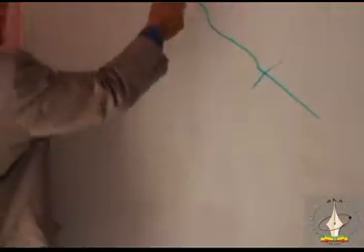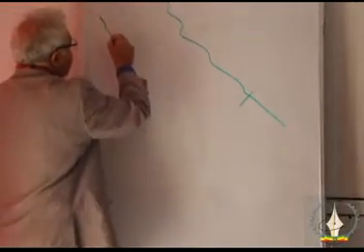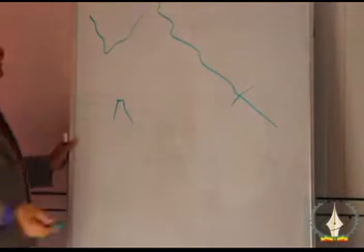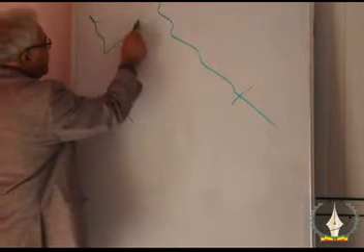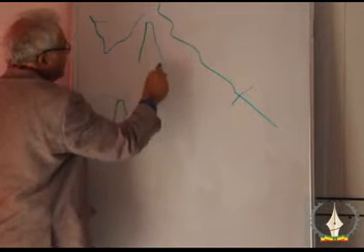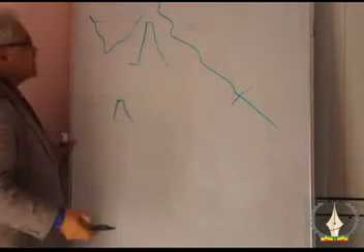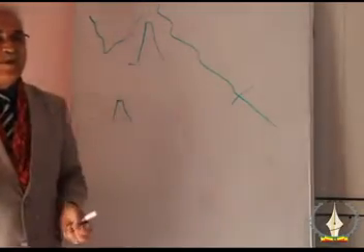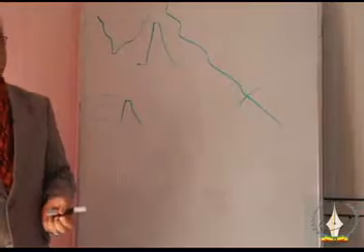But here, as I said, you look for somewhere where the valley is narrow. That means when you build the dam, which may look like this, a concrete dam or something, you use a small amount of material to build the dam.